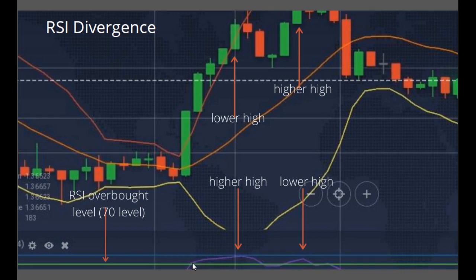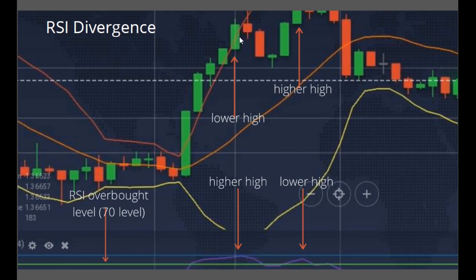But this particular asset, at the touch of this 70 level, moved further up to this level. And so if you had traded a reversal at this green level, you would have lost your money, because at this particular point in time, the price went further to hit a higher level.